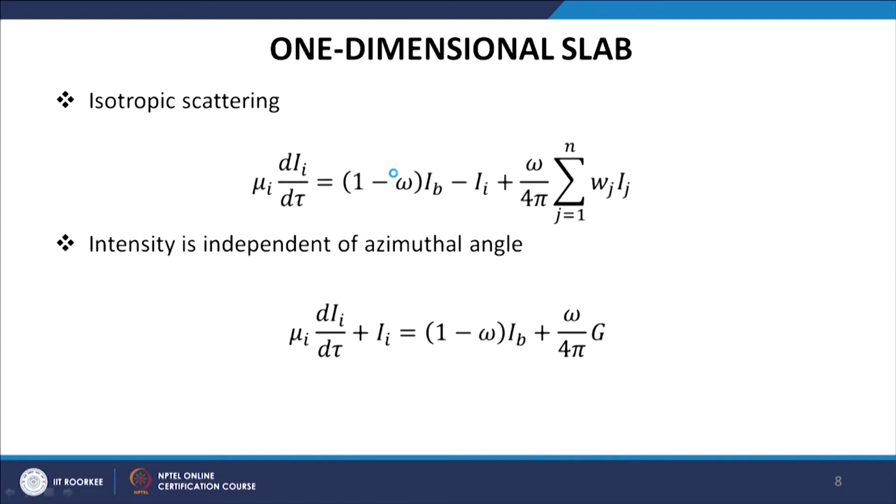Now, let us apply this discrete ordinate method to a one dimensional slab with isotropic scattering. So, once we have isotropic scattering, the value of phi will be equal to 1.